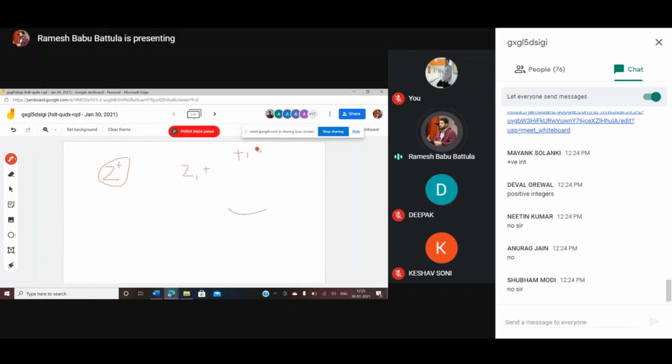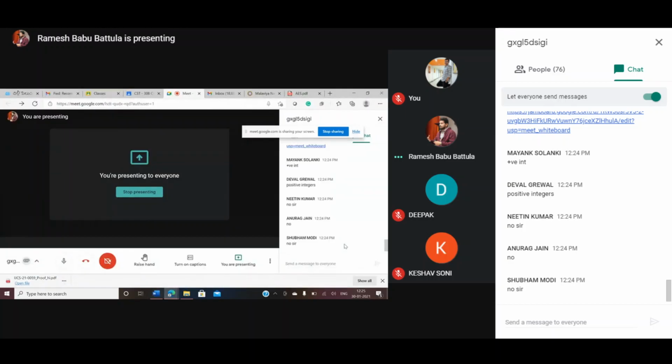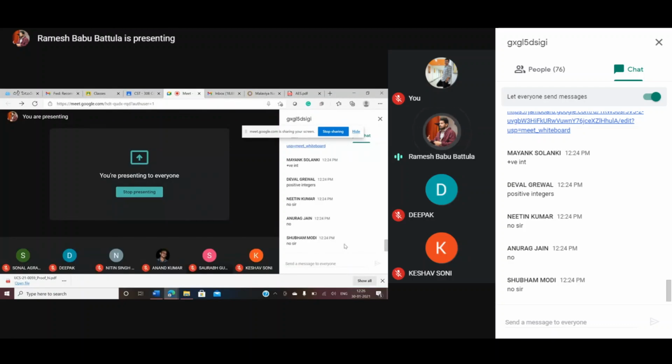So if I choose a particular number Z5, what elements are there in this particular Z5? I may write it like that, Z subscript 5. What elements are there in that?